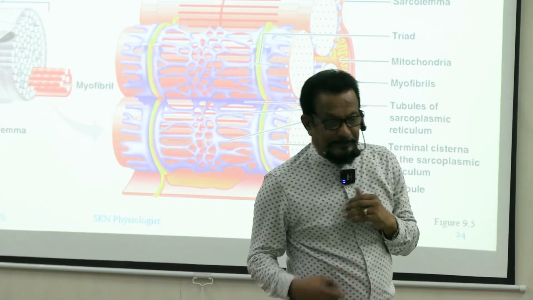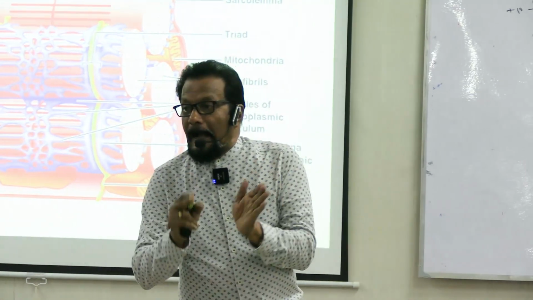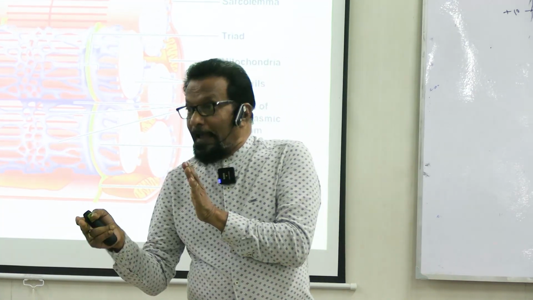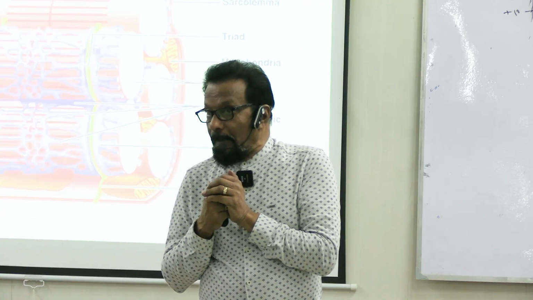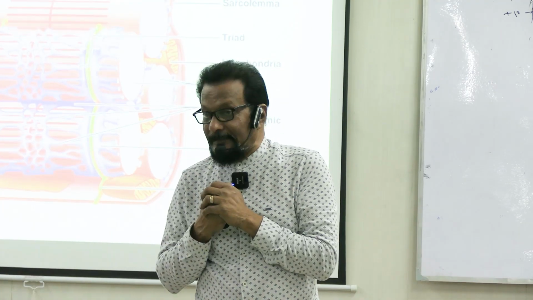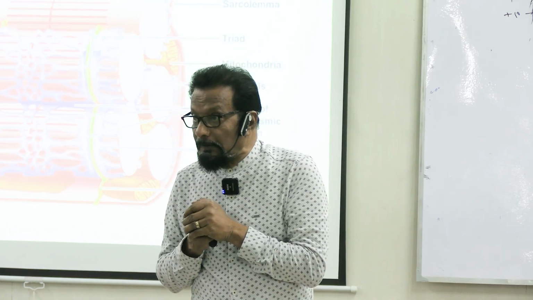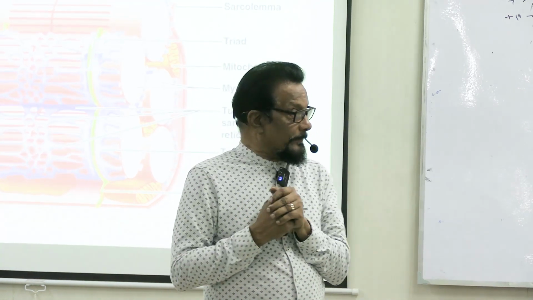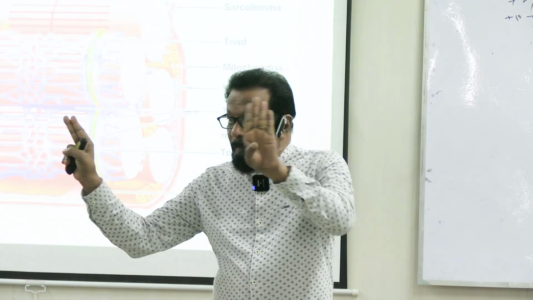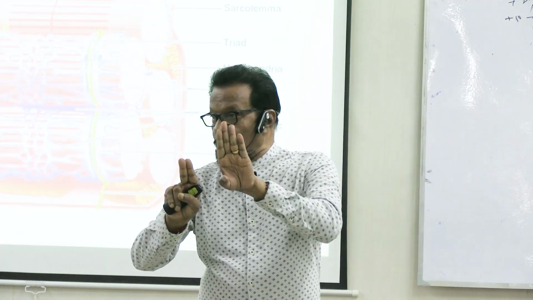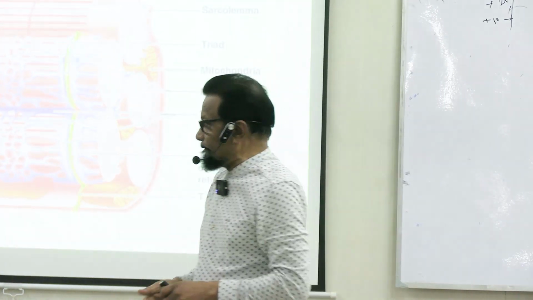After inserting within the sarcoplasm, they come close to the endoplasmic reticulum. But in the case of a muscle cell, we will not call it endoplasmic reticulum. What will we call it? Sarcoplasmic reticulum. So T-tubules and sarcoplasmic reticulum will be coming closer.